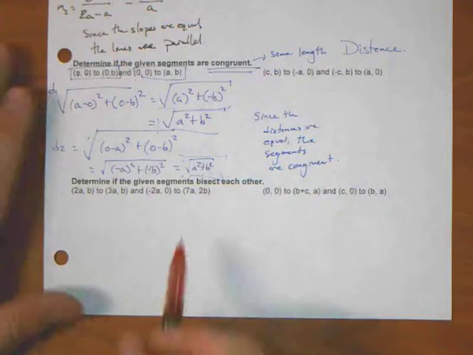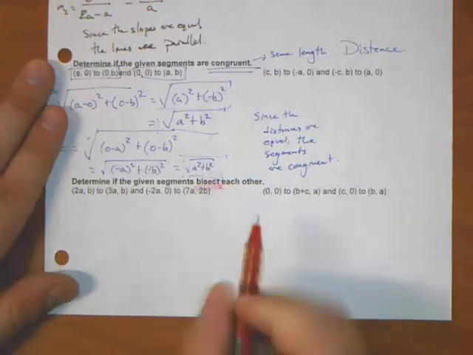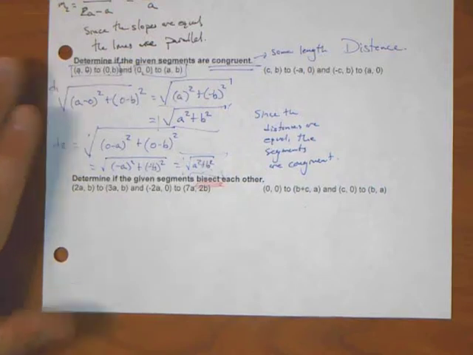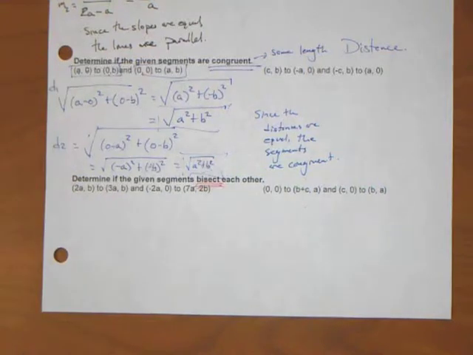Okay. If I want to show two segments bisect each other, what am I looking for, Darby? Slope and distance? I'd probably go with midpoint, actually. If I use the midpoint formula, what am I hoping to see if they bisect each other?